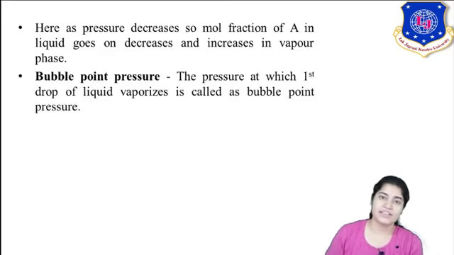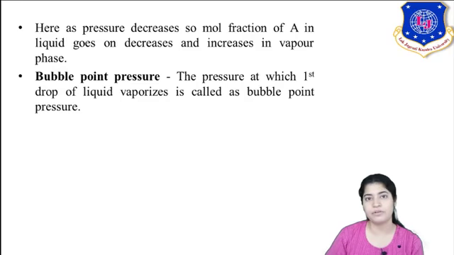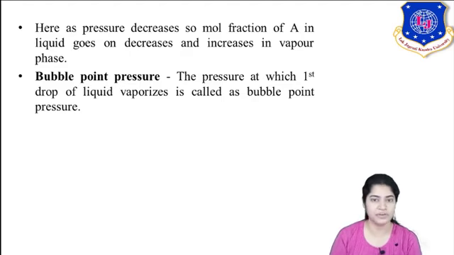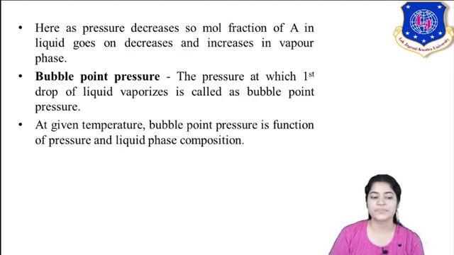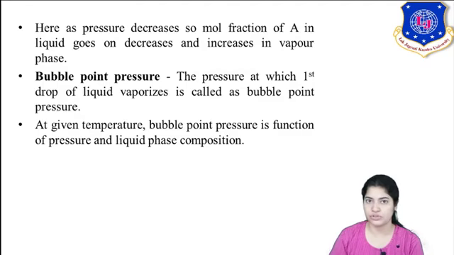Now as earlier we discussed bubble point temperature, here you have bubble point pressure. The pressure at which the first drop of liquid vaporizes is called the bubble point pressure, okay. Similarly, at a given temperature, bubble point pressure is a function of the pressure and liquid phase composition, okay.